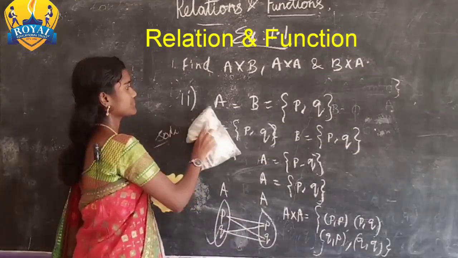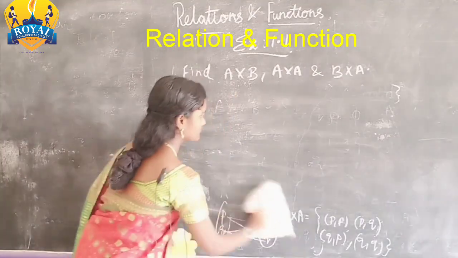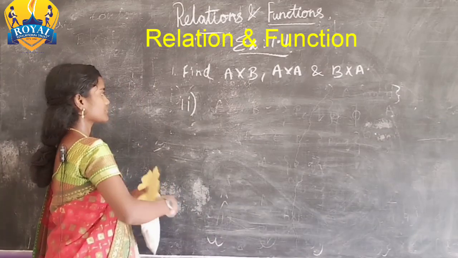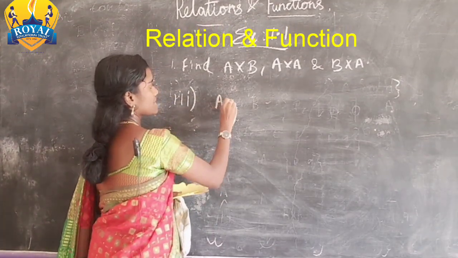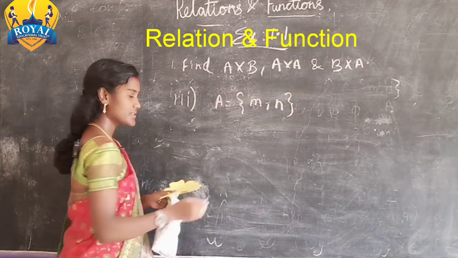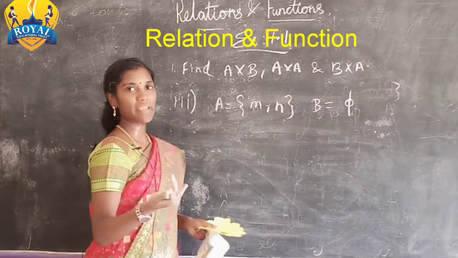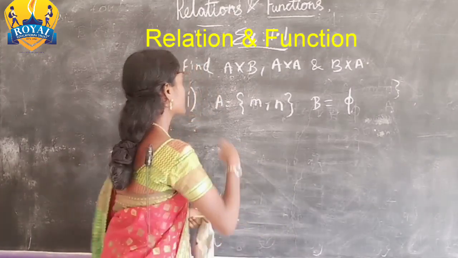The third subdivision is A is equal to {M, N}, B is equal to the null set. Null set means the set has no elements.